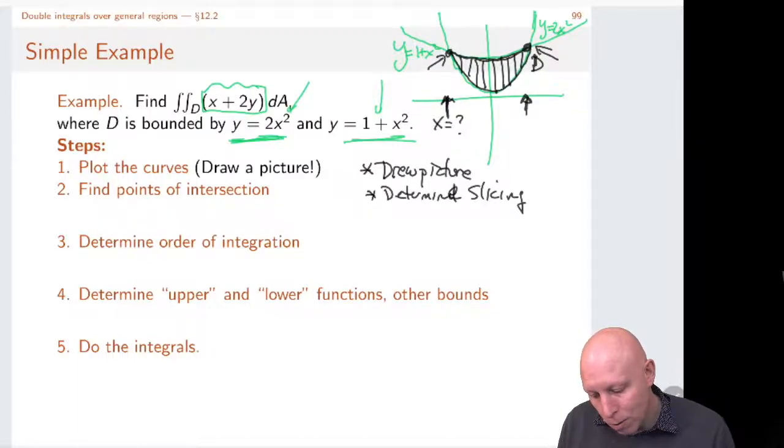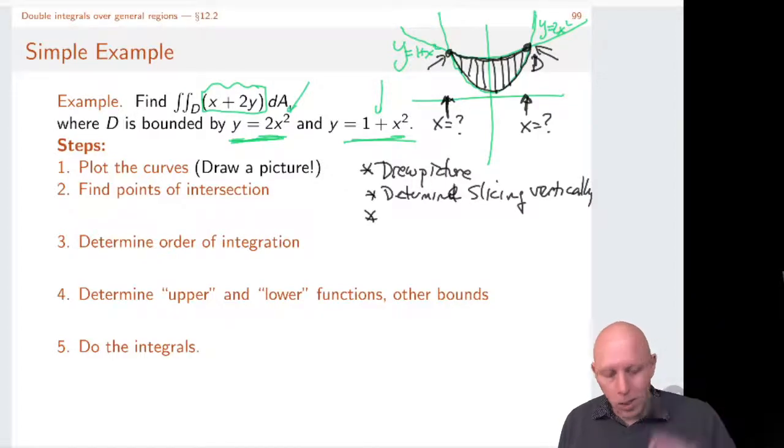What is this x value? What is this x value? So I need to figure out where the intersection points are, so where do I start chopping?